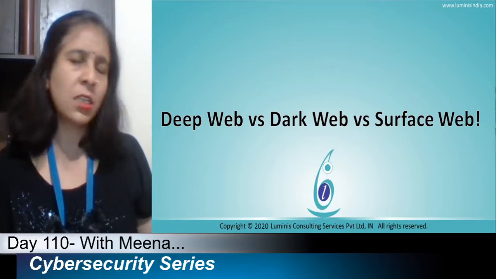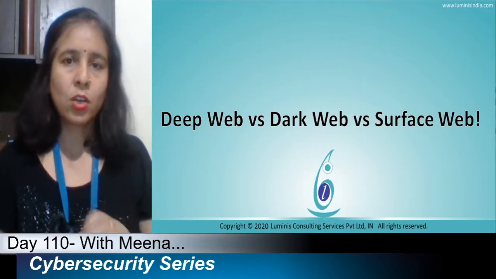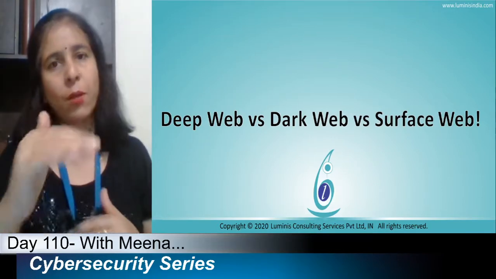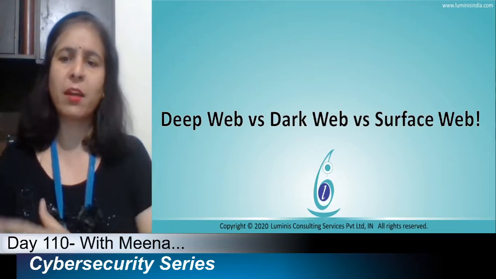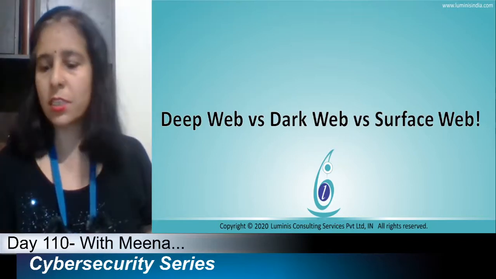And this information is not available to everyone. So there are different levels of information available on the internet, and these are categorized as deep web, dark web or the surface web. And today I will discuss all of these.